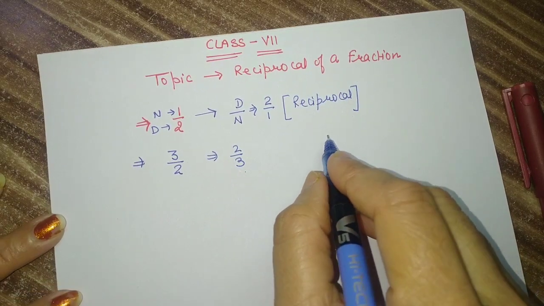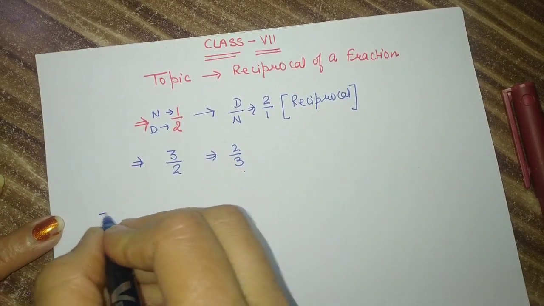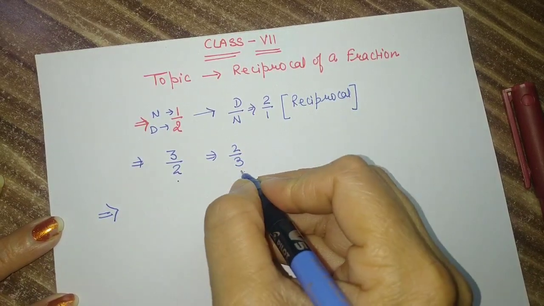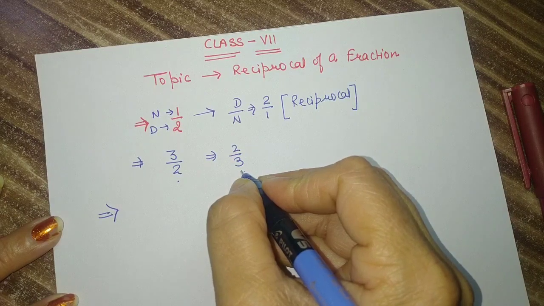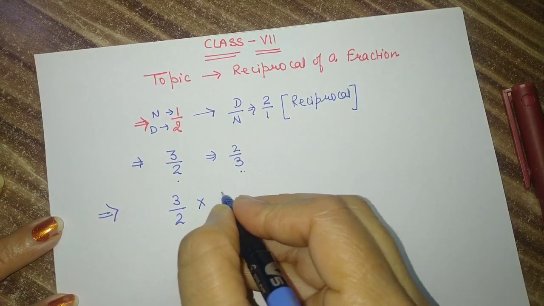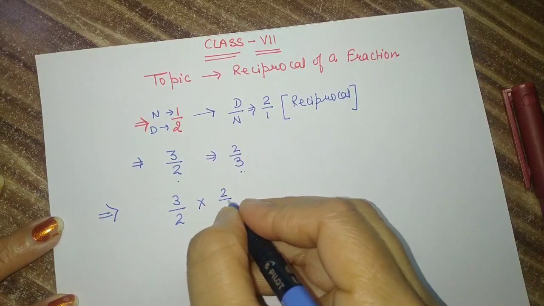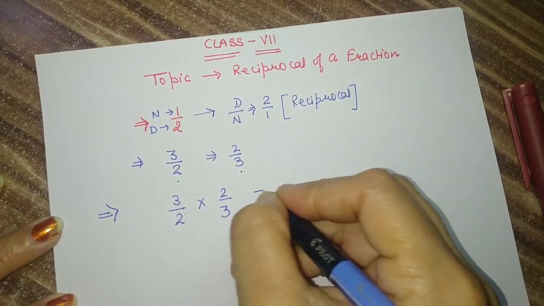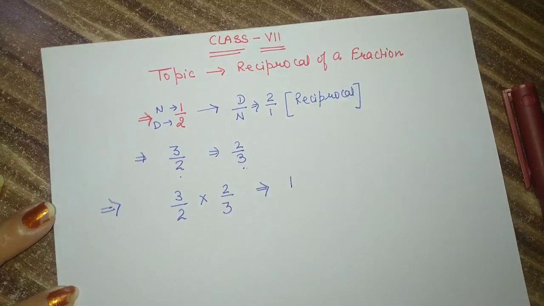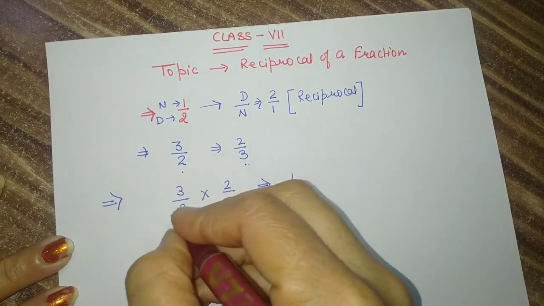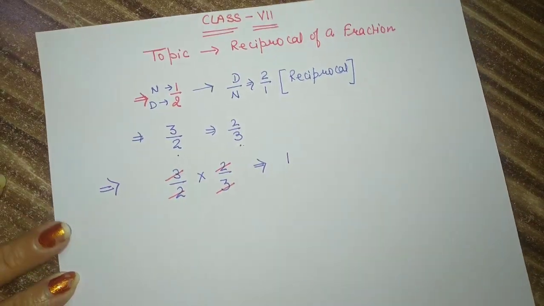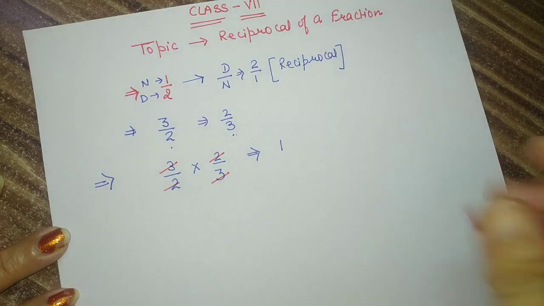Now, if we find the product of a fraction and its reciprocal, it always equals 1. How? Because 2 cancels with 2 and 3 cancels with 3. The answer is 1. We can check with another example.